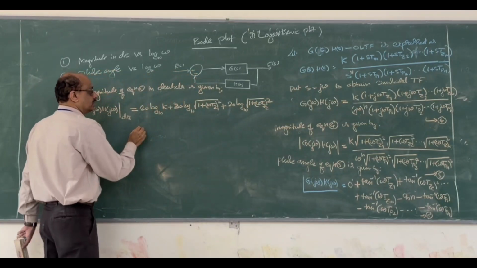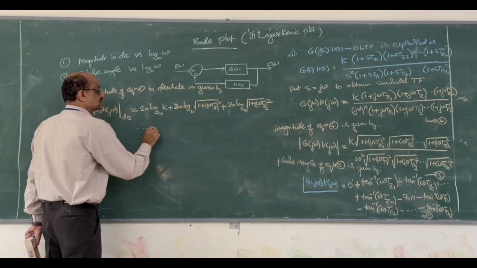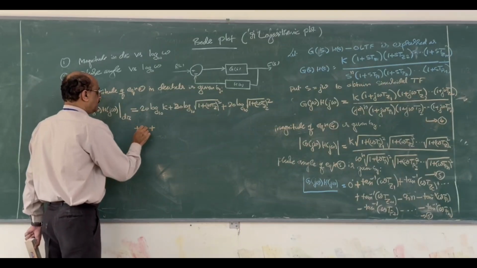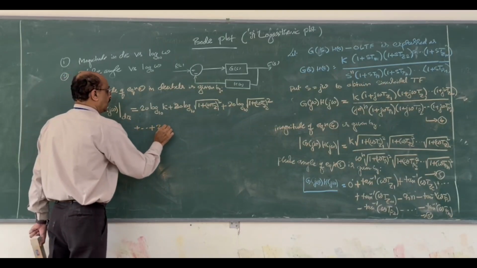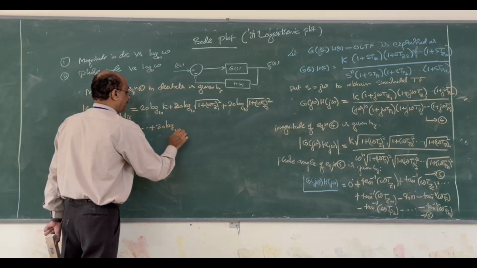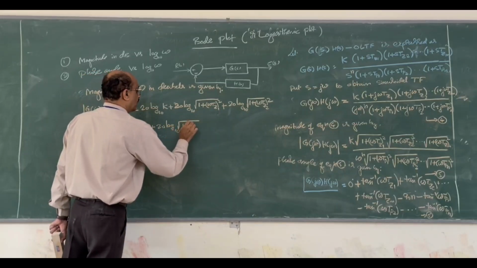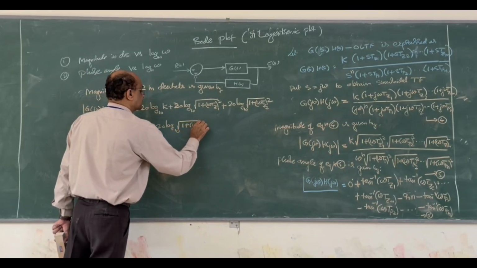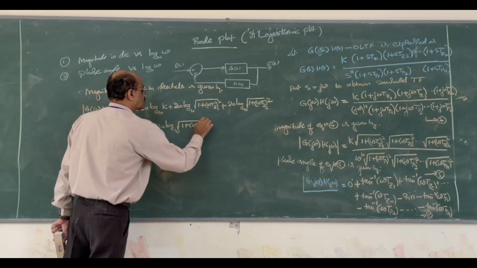I will continue, so on, plus 20 log root of 1 plus omega T zm whole square.